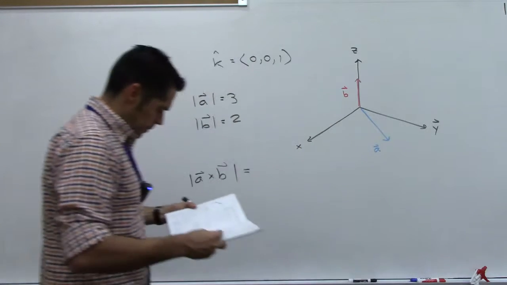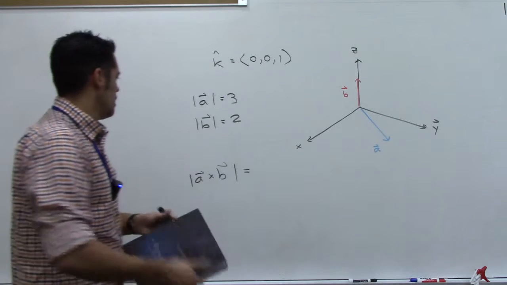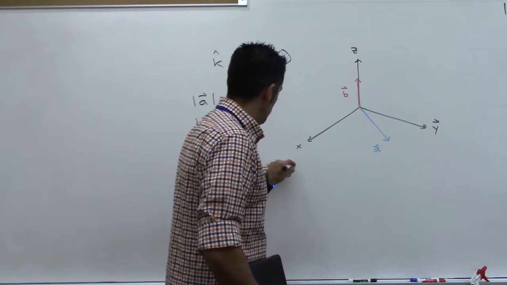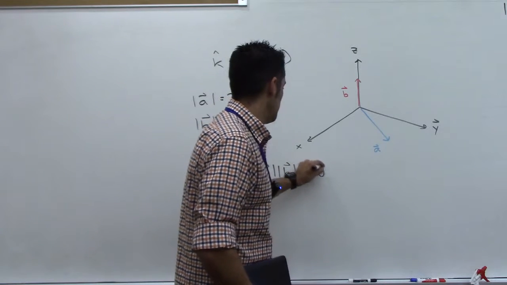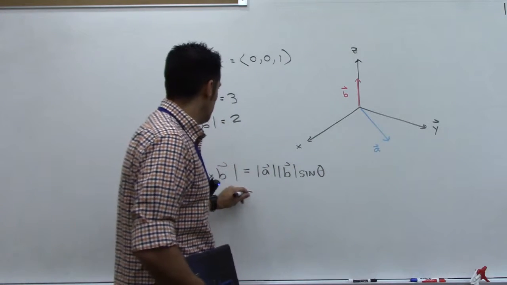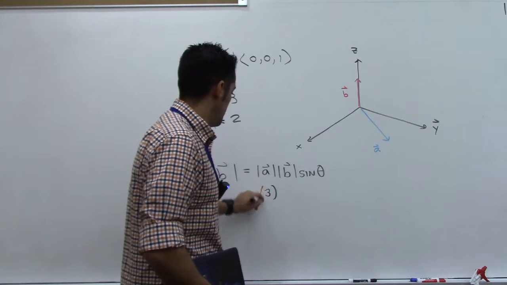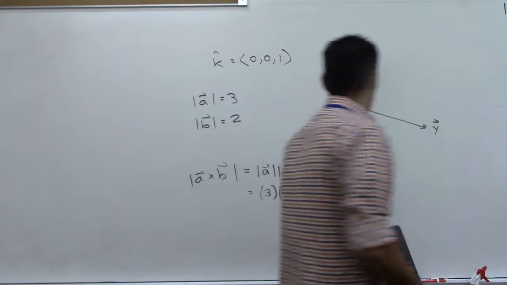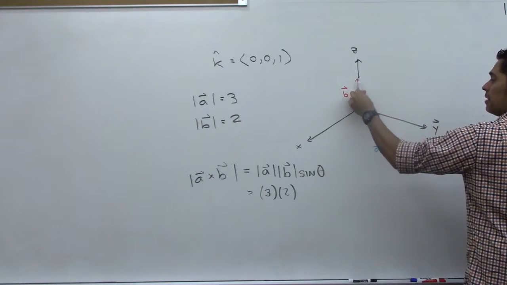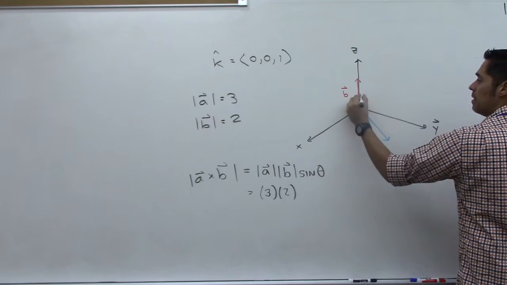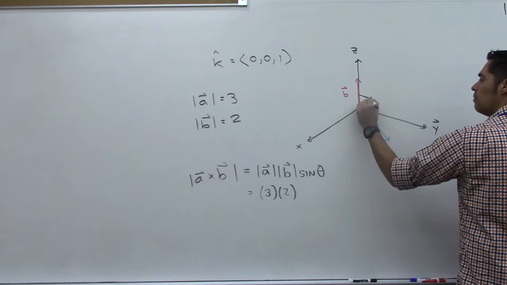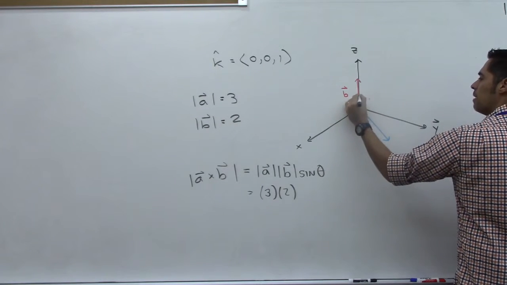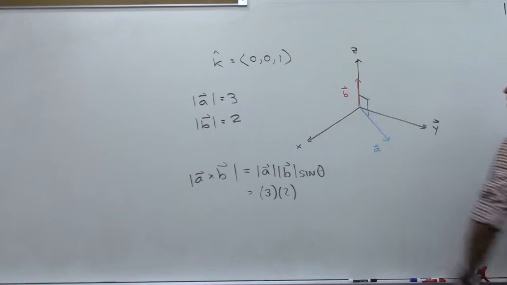Well, that's the magnitude of A times the magnitude of B times sine of the angle between them. The magnitude of A is 3, the magnitude of B is 2, and sine of the angle. So what's the angle in here? Well, if this one's pointed straight up and this one's on the xy plane, then the angle between them is actually a right angle.